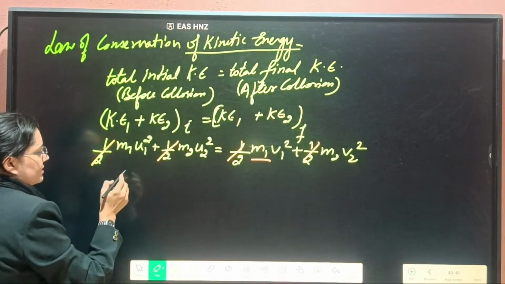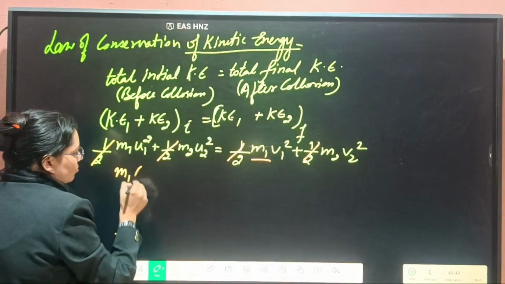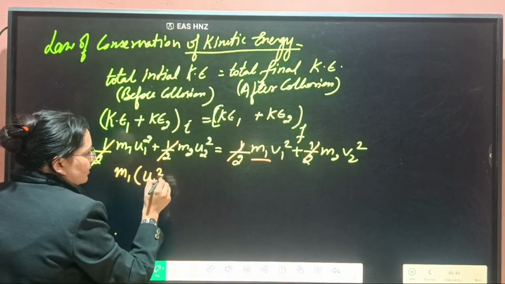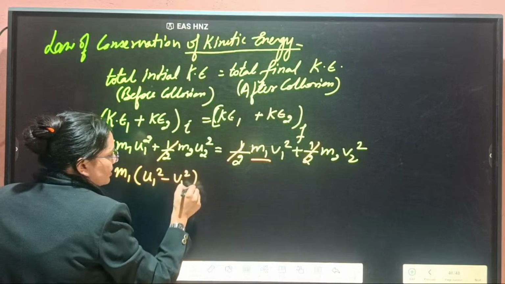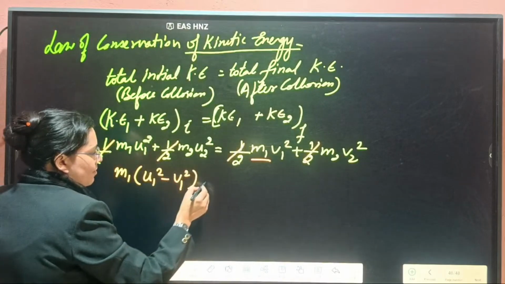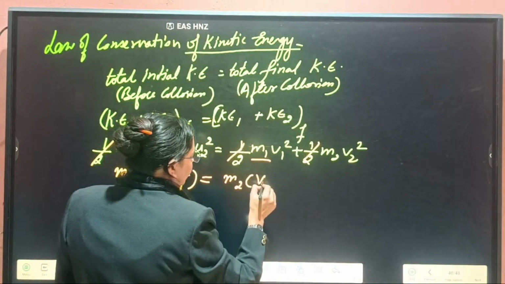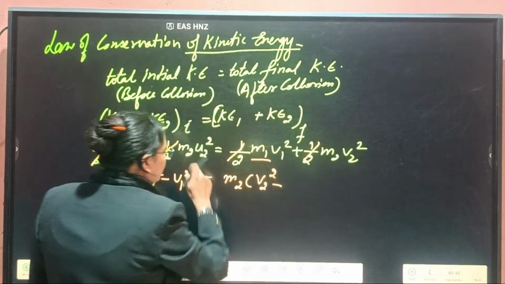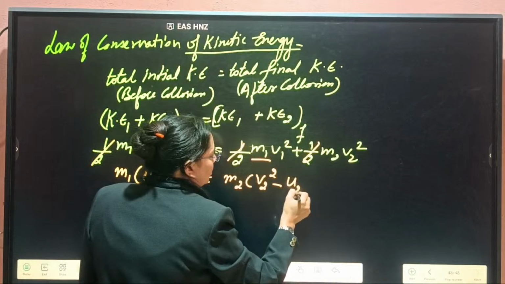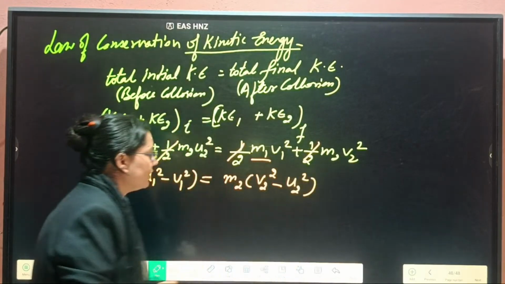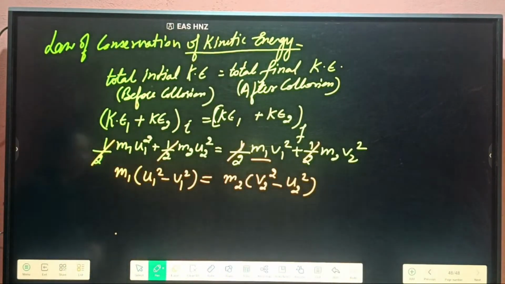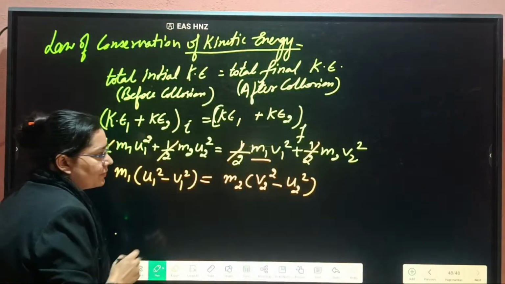If we are taking one side, then we can write there m1 common u1 square minus v1 square. इसको इधर ले आए, so this one will be minus. So here m2 then v2 square minus u2 square, initial velocity of the second body. Clear? I hope you understood beta till here.